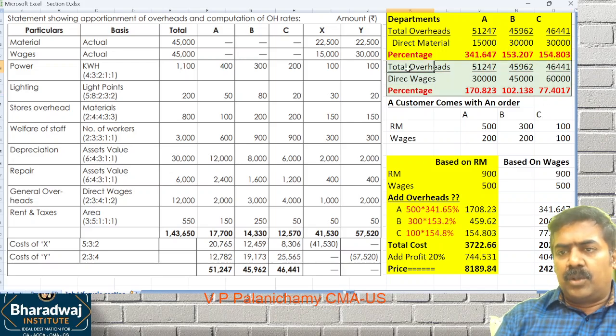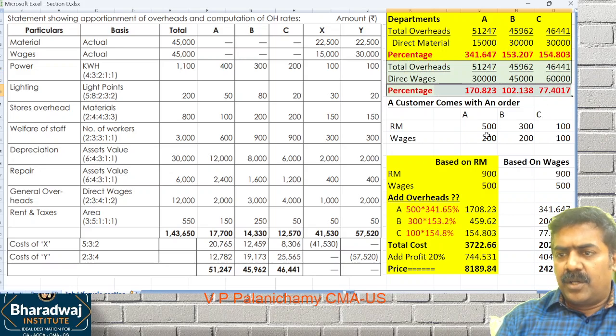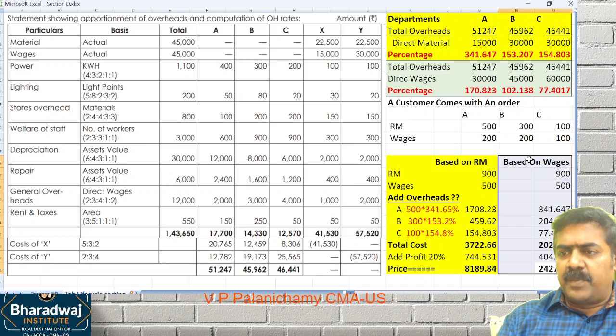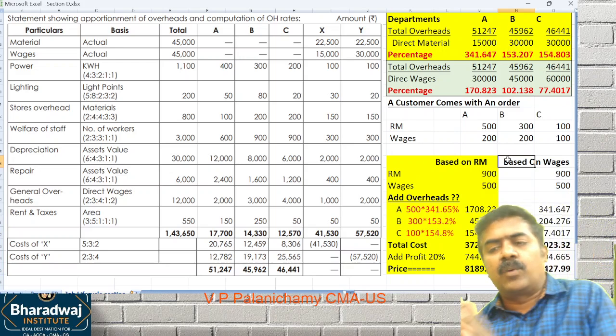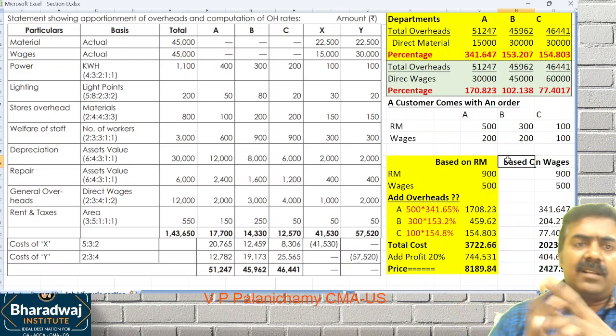Wages. Total overheads divided by total wages into 100 gives us this percentage. So 200 into 170%, 200 into 102%, 100 into 77%. We absorb the overheads. We get the total cost, add the profit, we get the price. This is based on which one? Wages. So will you go by material based absorption or wages based absorption? Depending on what? Nature of work done in the product.